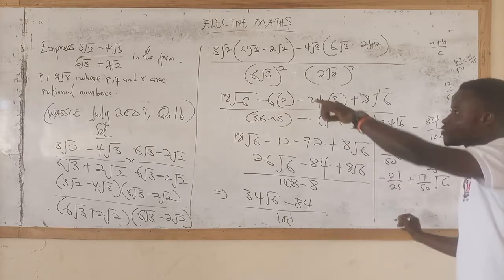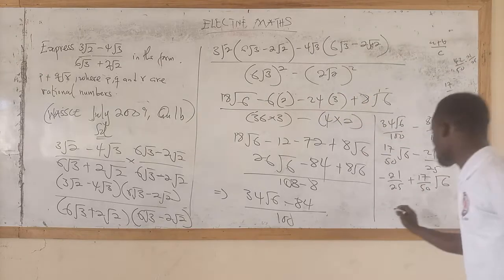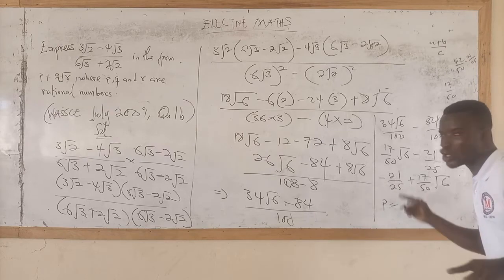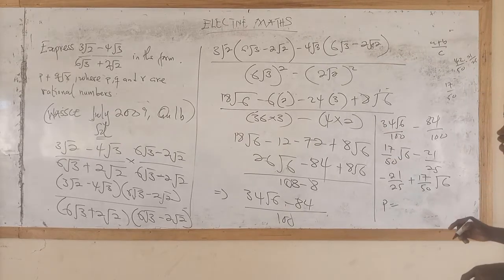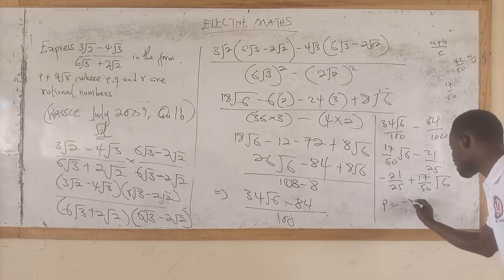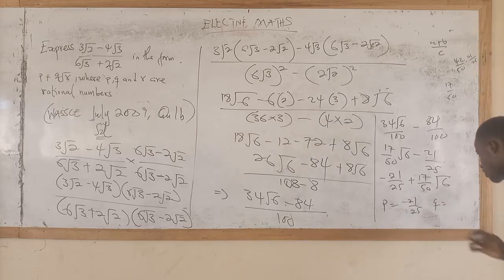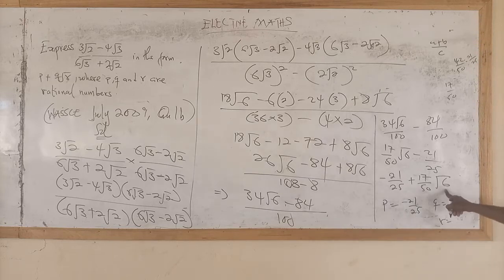So now you are in the form p plus q square root of r. You see that? So your P, take note, your P is not 21 because it's supposed to be a rational number. So your P is negative 21 over 25. Your Q is going to be 17 over 50. And your R is going to be 6.